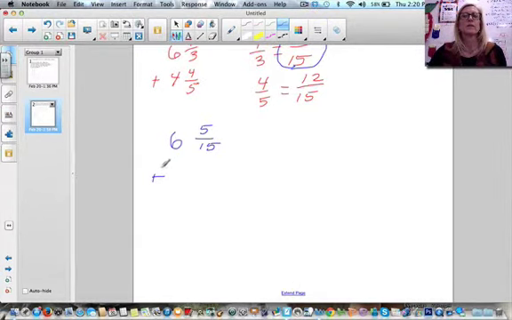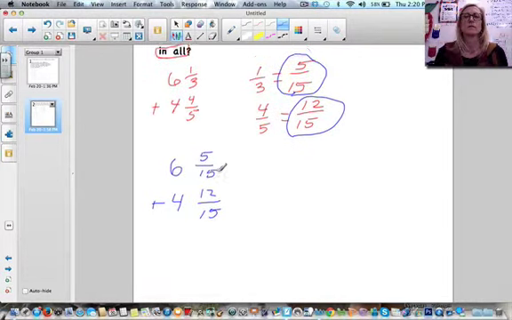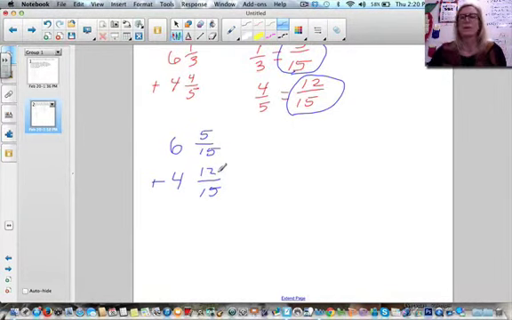There we go. 4, and 4/5 is equivalent to 12 15ths, so I'm going to write it as 12 15ths. And now I can go ahead and add these. 5 plus 12 is 17, so I'm going to write 17 15ths.